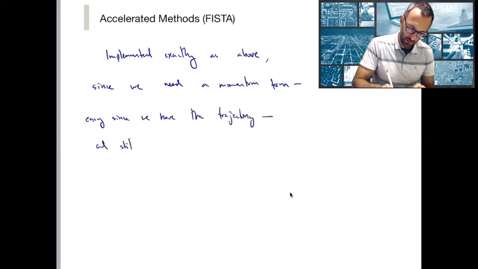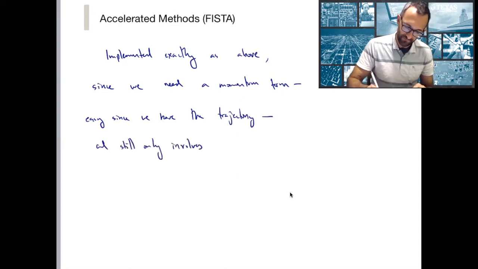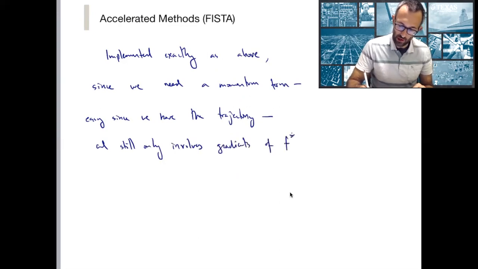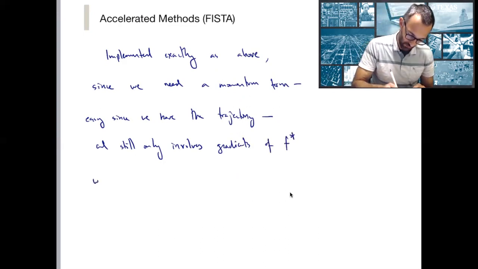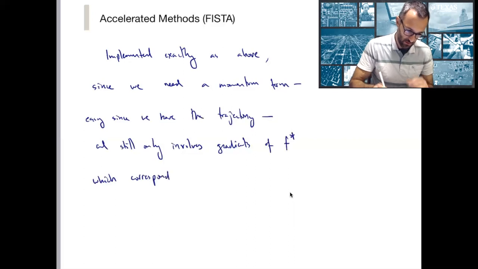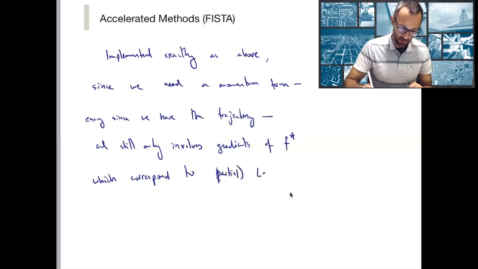And it still only involves taking gradients of f star, which correspond to partial Lagrangian minimization.